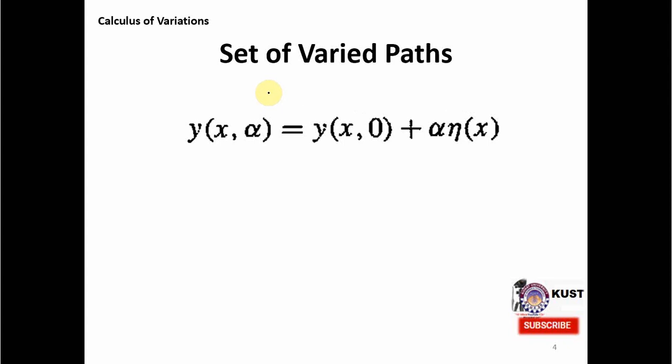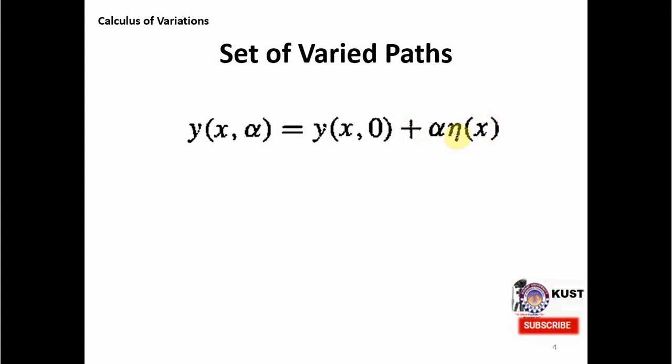and we will construct a path which depends upon the x variable and also another variable alpha. We introduce here a variable alpha in order to make the variations of the paths, and this will be equal to y at x, with alpha equal to 0. Here you see the value of alpha is now equal to 0, and we will know that this will be the actual path, plus alpha times some other function.